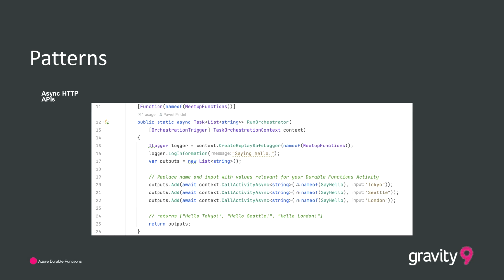This is the orchestration function. This function, of course, does the job. It's a simple sample from the Microsoft website where they just call the same function 3 times, and they get the result that is then aggregated into a list.